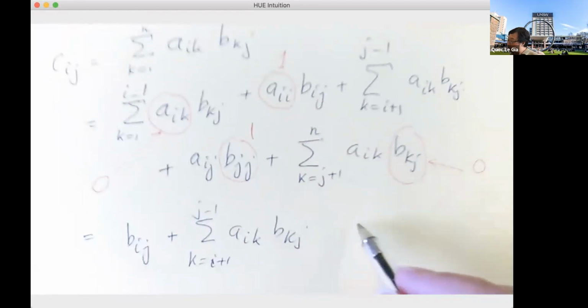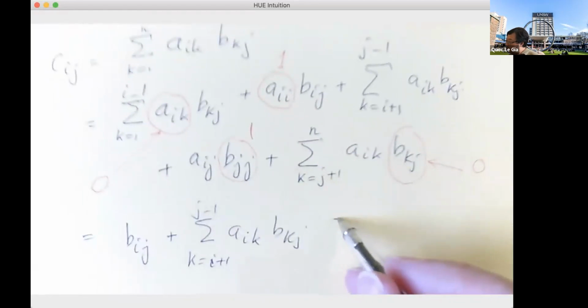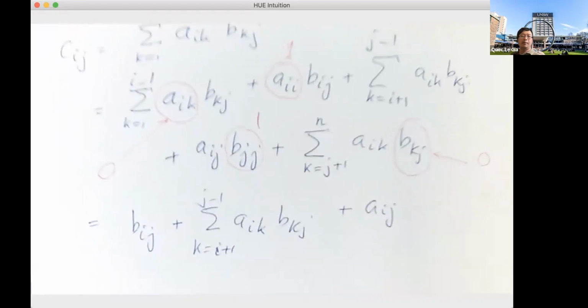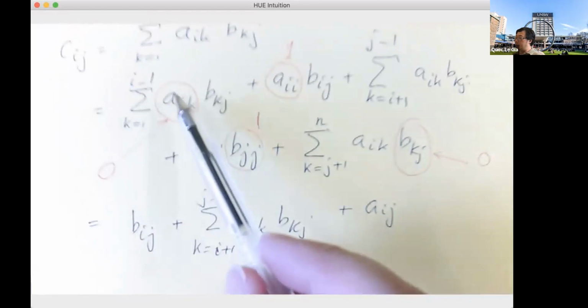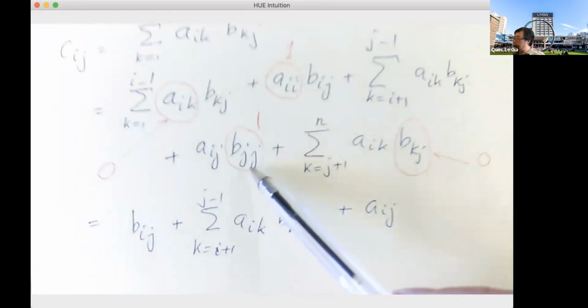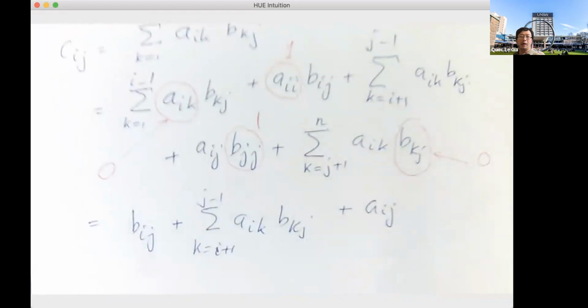The last term is gone, and this one is just plus Aij. The first and the last terms are gone, since Aii is 1 and Bjj is 1, so that's why I have this.